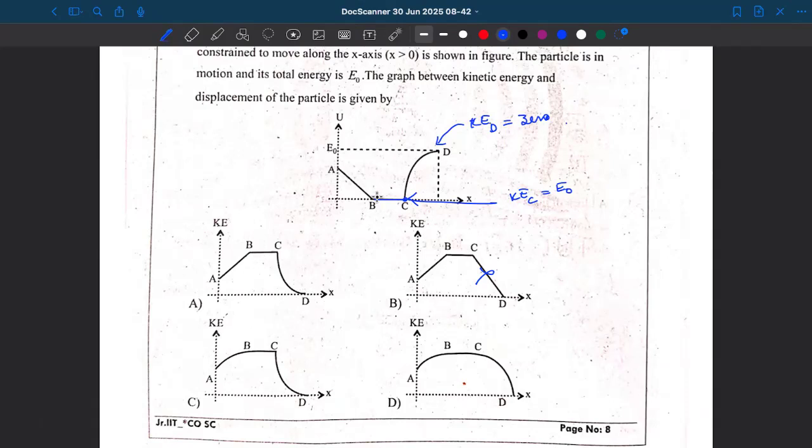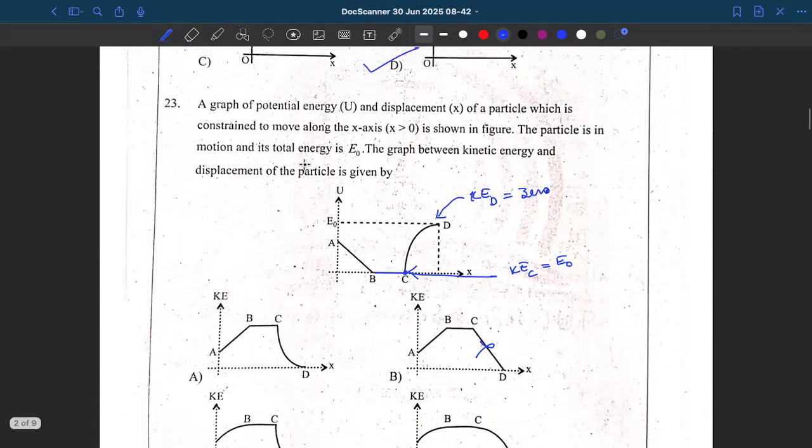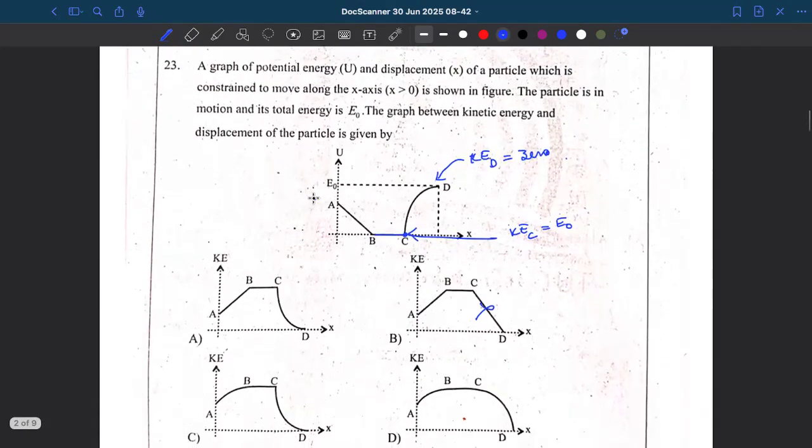And A to B is a straight line potential energy, which means suppose at A, say it has some E naught by 2 energy, for example.